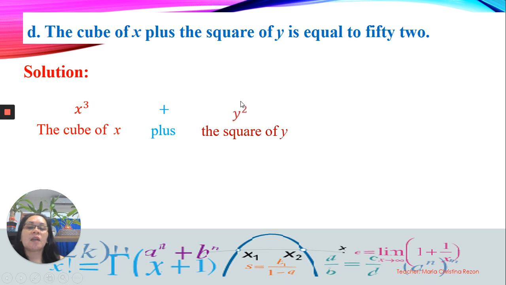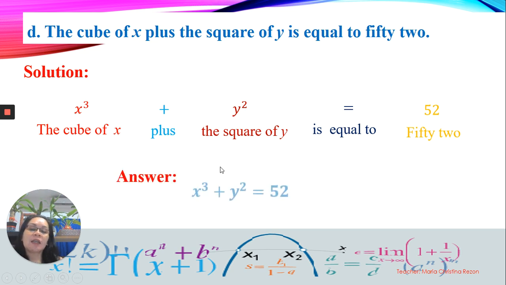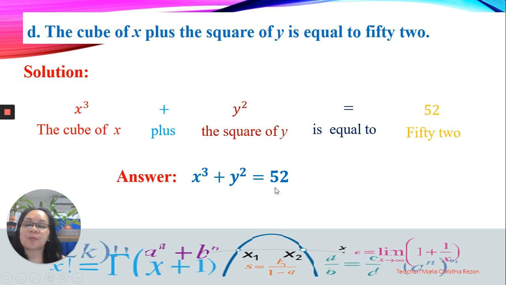That means you have y to the second power, or y squared, is equal to 52. So your equation would be x cubed plus y squared is equal to 52.